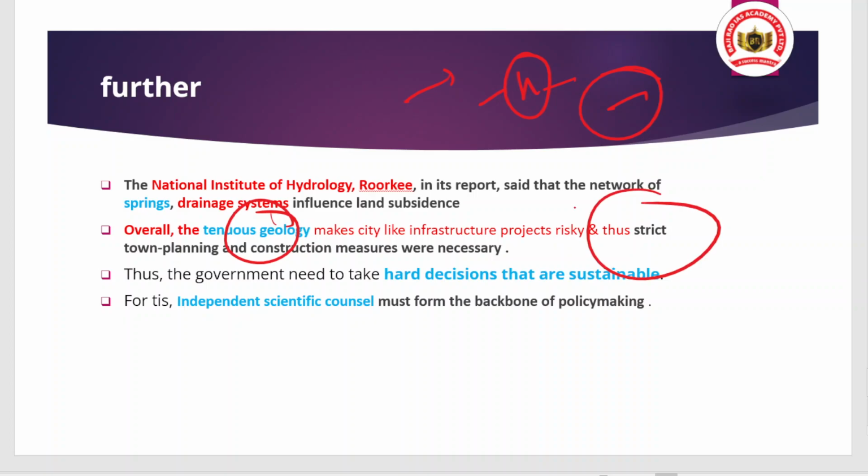That's why we have to shift towards sustainable infrastructure projects. We cannot ignore development, but we cannot ignore sustainability, specifically in these regions which are vulnerable to disaster.